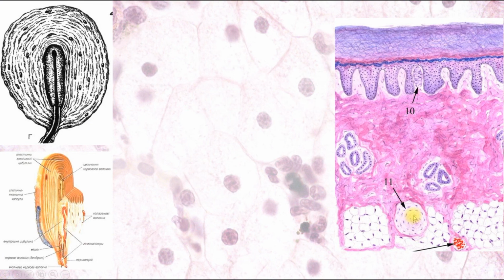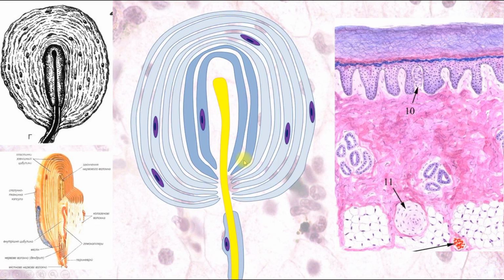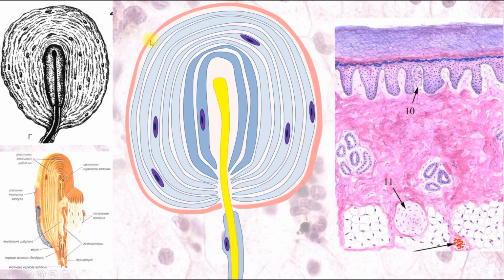And also we have Pacinian corpuscles. They are present in the reticular dermis or in the hypodermis. Here we can see the dendrite, the nerve ending, its glial cell. Also there is an inner capsule, an outer capsule, and a connective tissue capsule. The inner and outer capsules are composed of glial cells.